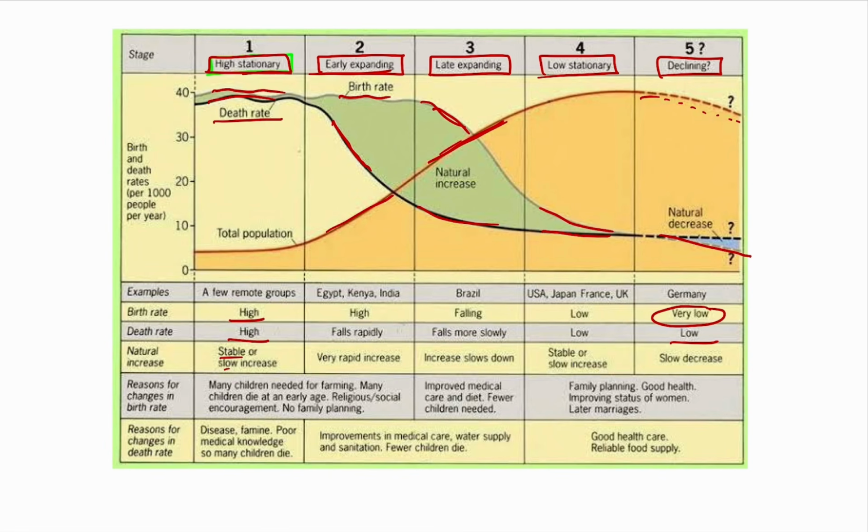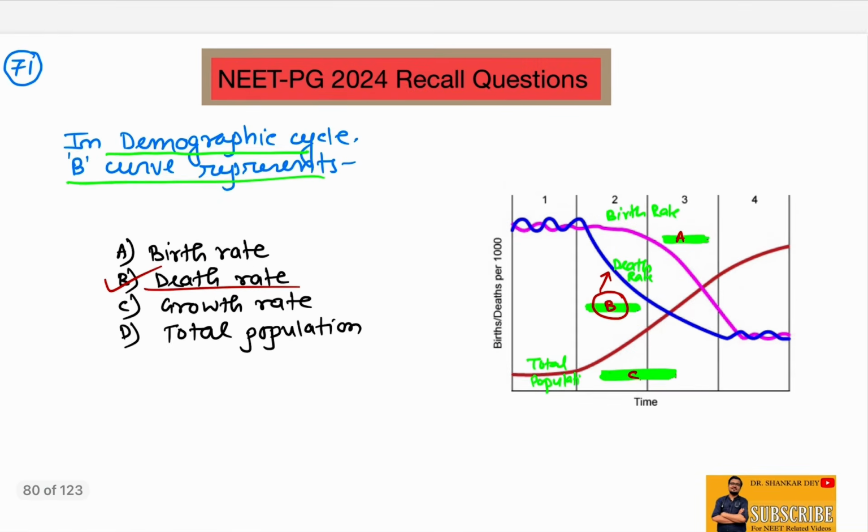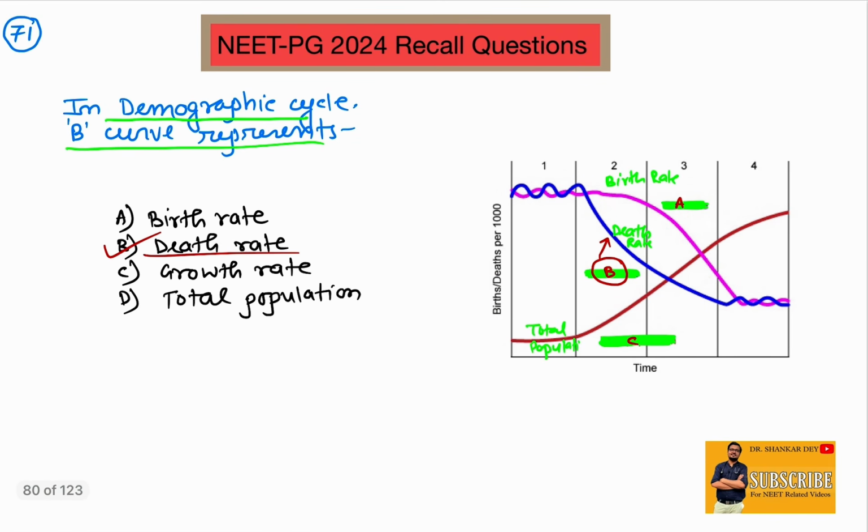So these are the 5 stages of the demographic cycle: high stationary, early expanding, late expanding, low stationary, and declining phase. And graph B was asked, which is nothing but the death rate. Initially high, it declines because of better treatment outcomes.